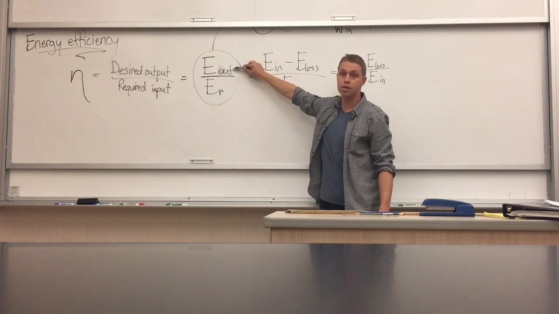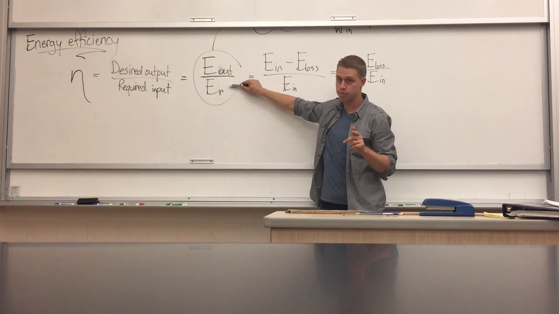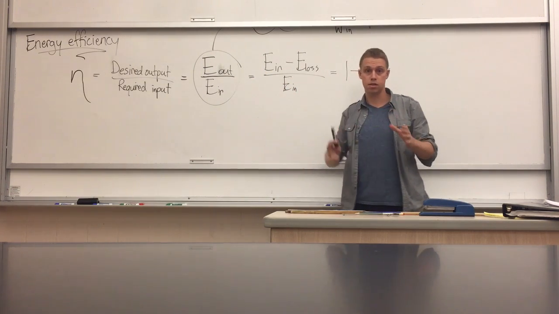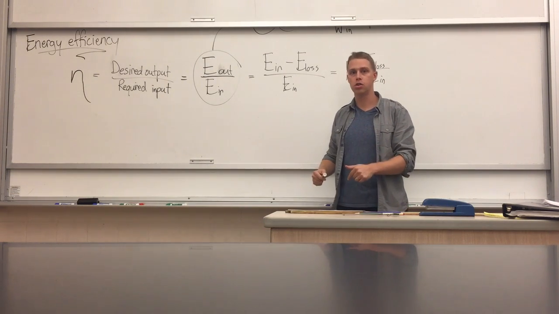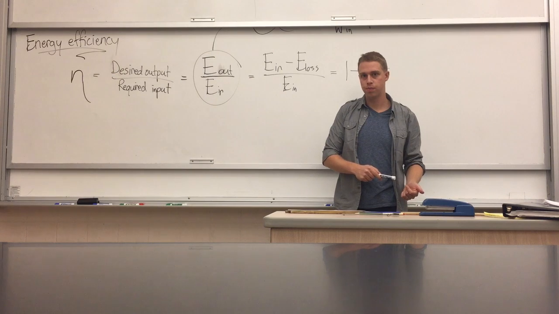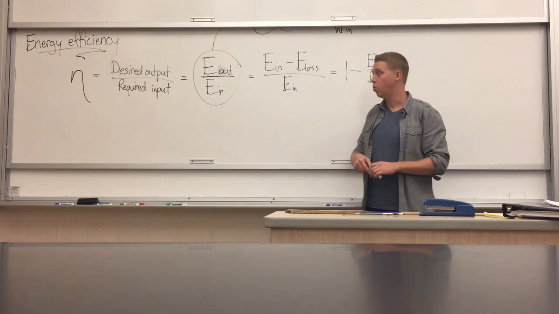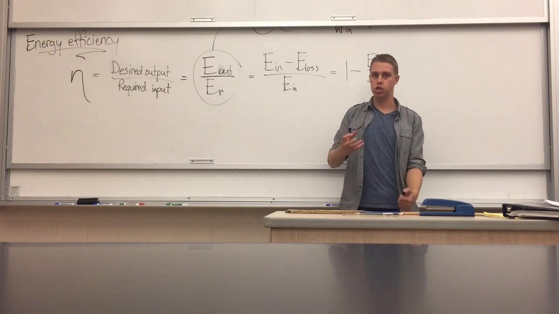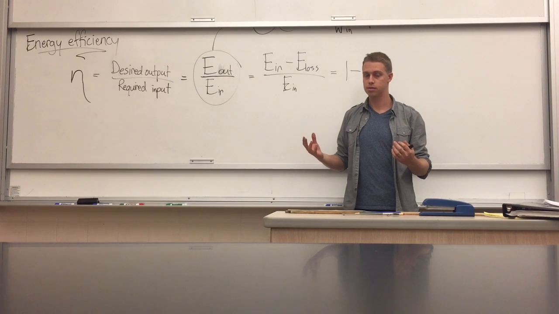That means that the number on top is more than the number on the bottom. That means that I've created something, some machine, that outputs more energy than it inputs. And if it outputs more energy than it inputs, well then, I've created a machine that is creating energy out of thin air, all right?